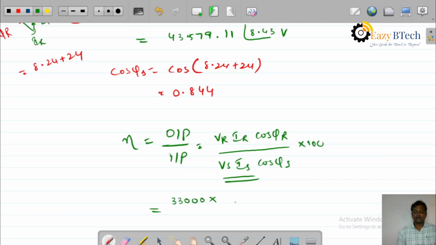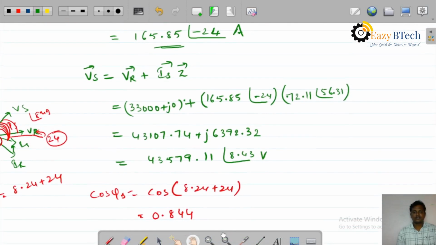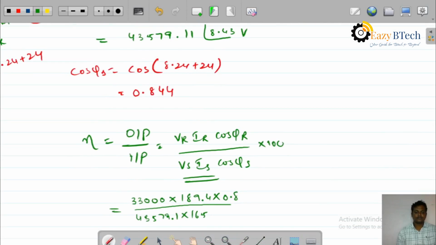Taking only magnitudes, 33,000 into 189.4 into 0.8, divided by the sending end voltage 43579.1, the sending end current 165.85, into the power factor 0.844, into 100. The efficiency is 81.96%.